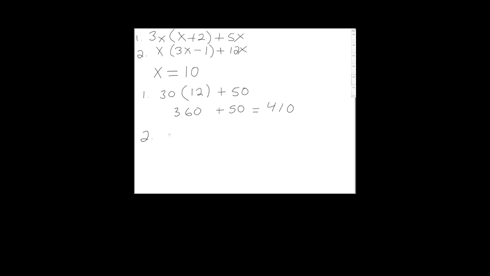We've got 10 times 30 minus 1 is 29, plus 12 times 10. 12 times 10 is 120. 29 times 10 is 290, plus 120, that's going to equal 410.